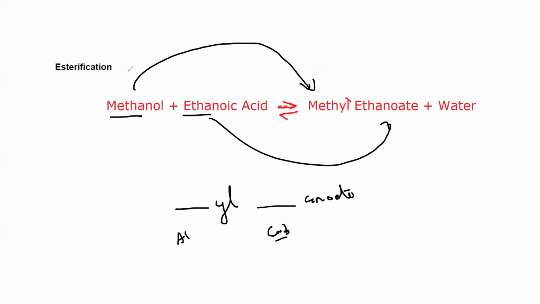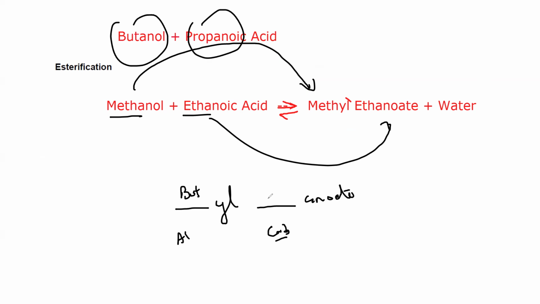If we change the acid, if we were having butanol reacting with propanoic acid, which ester will form? The first name is always from the alcohol, so it will be butyl, and the second is from the carboxylic acid, so it will be propanoate.